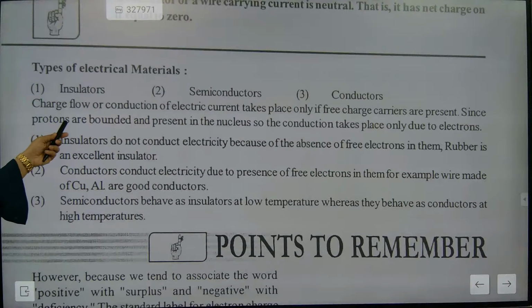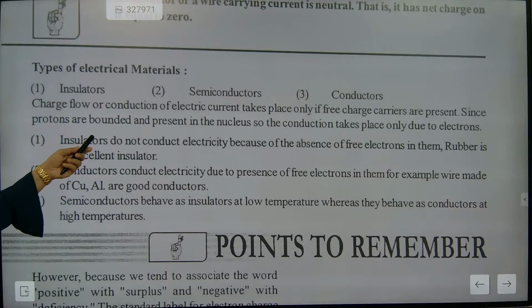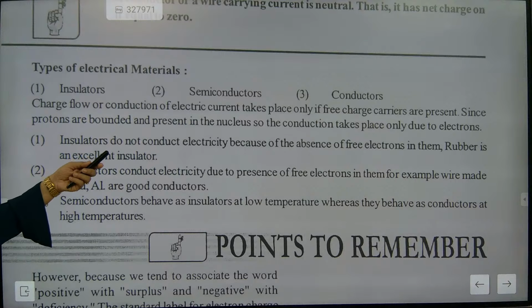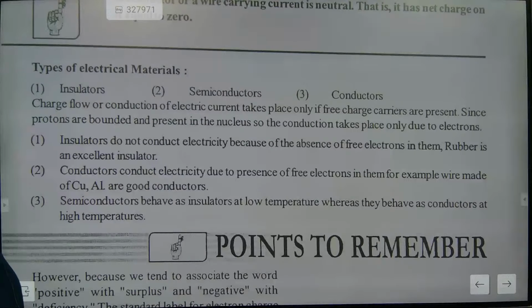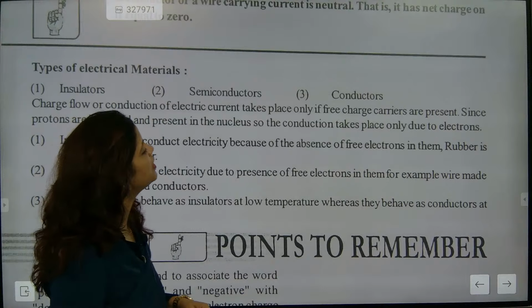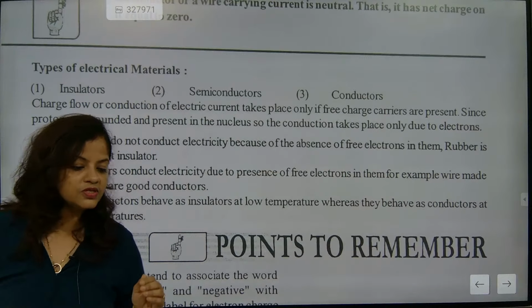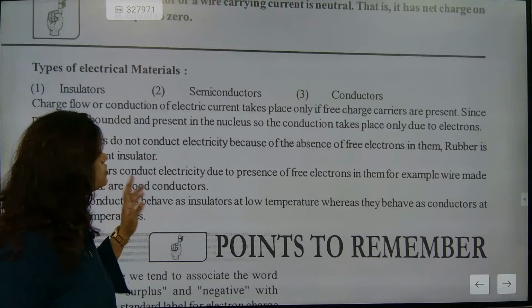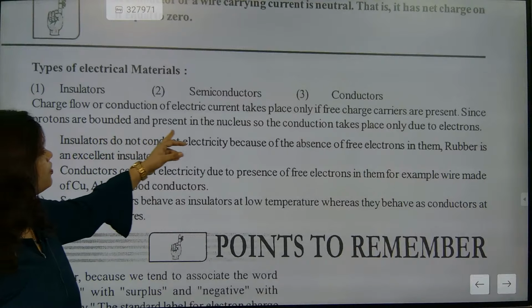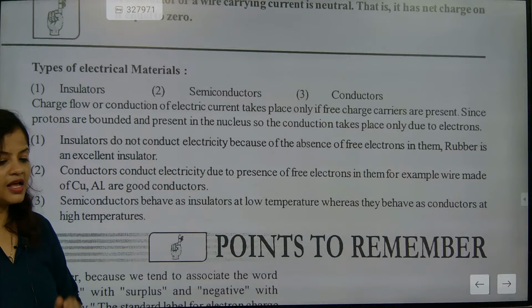So charge flow, or conduction of electric current, takes place only if free charge carriers are present. Understood? And next important point is, since protons are bounded and present in the nucleus, the conduction takes place only due to electrons. Free charges, since protons are bounded in the nucleus, they cannot do it.